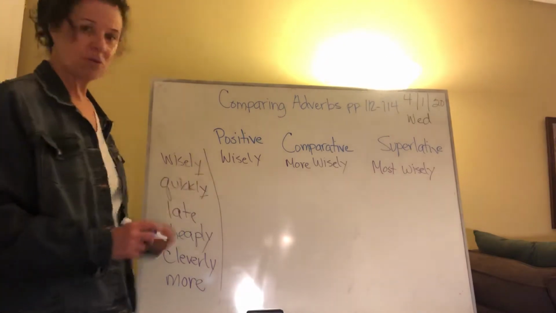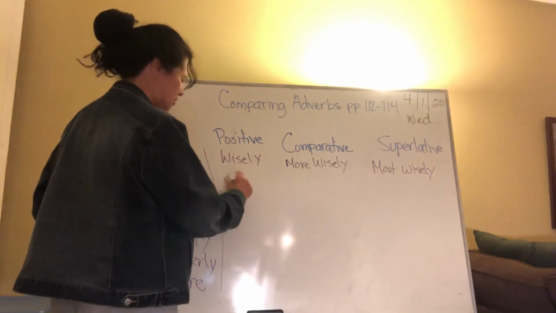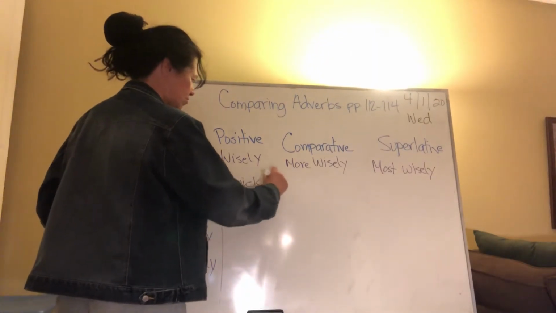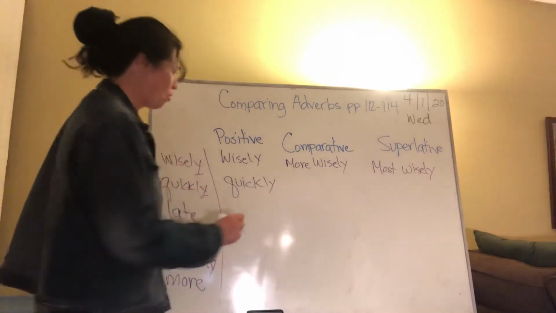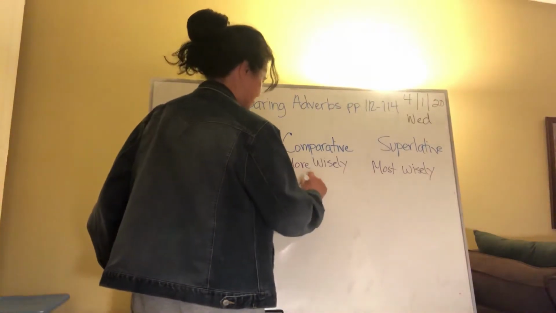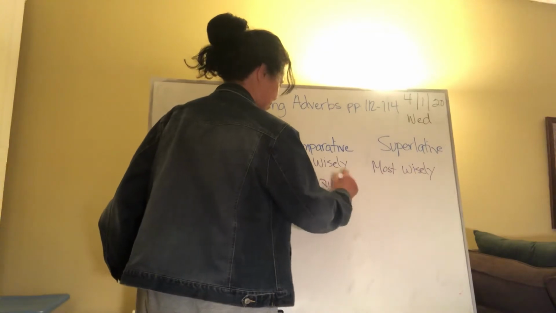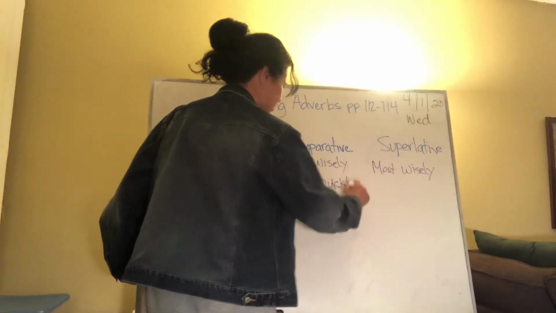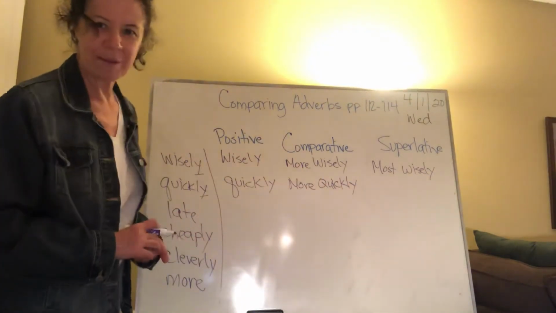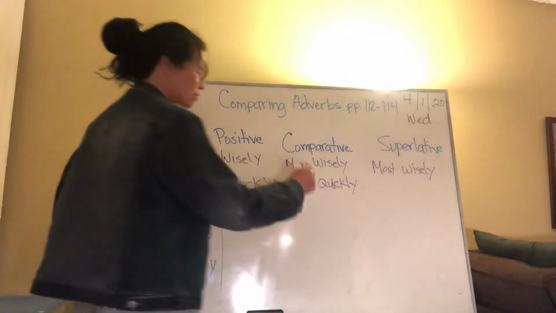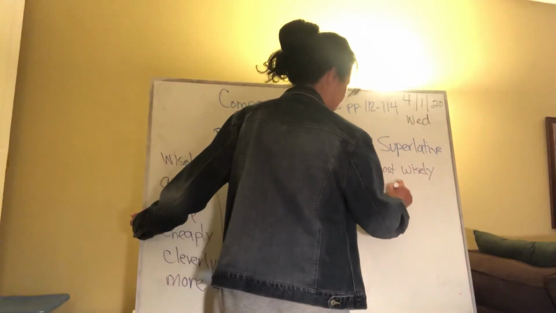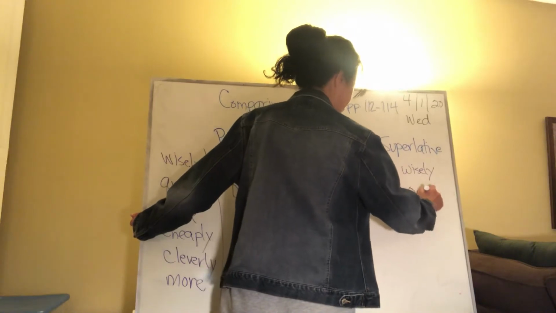The positive is quickly, so we have quickly there. The comparative would be more quickly. And like I said, I'm only writing these in capitals so you can see them clearly. And the superlative would be most quickly.